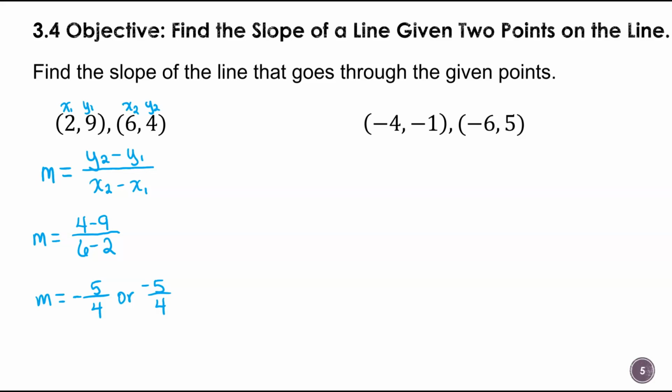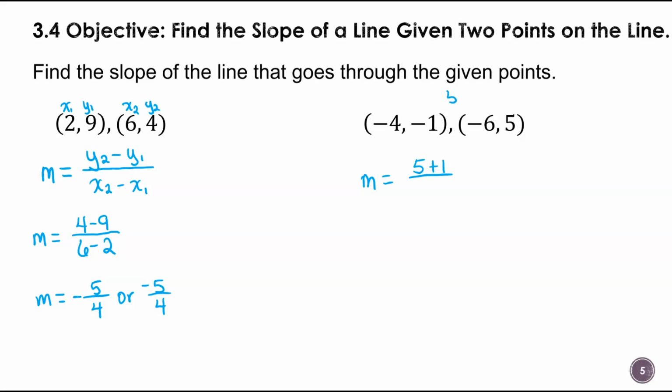Okay, let's look at this next one. I've already written the formula over here on the other problem, so I'll just stay with that. The y of the second ordered pair would be 5 minus the y of the first ordered pair. Now notice it's minus a negative, so let's make that positive. Minus a negative would be positive.